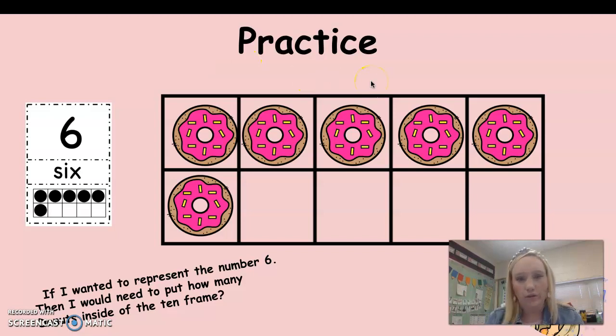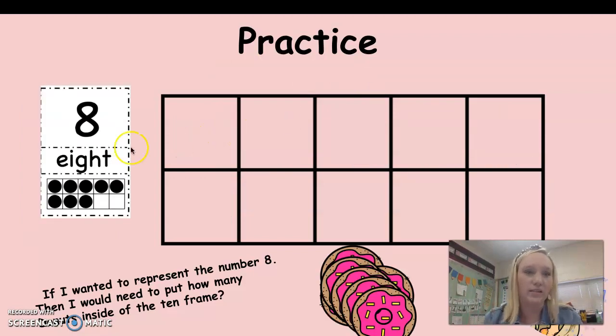Good. Let's try another number. What number is this? The number 8. So if I wanted to represent the number 8 on my 10 frame, then how many donuts would I have to put inside of my 10 frame? 1, 2, 3, 4, 5, 6, 7, 8. So count your squares.